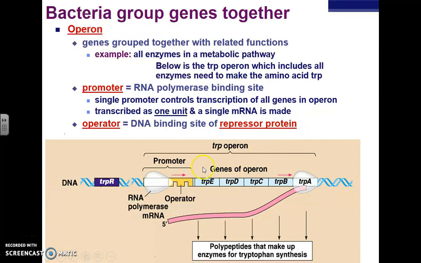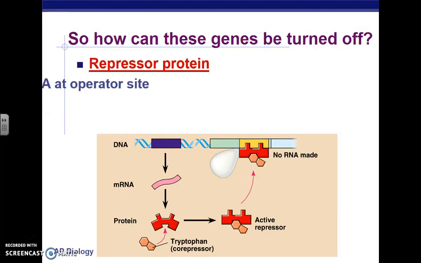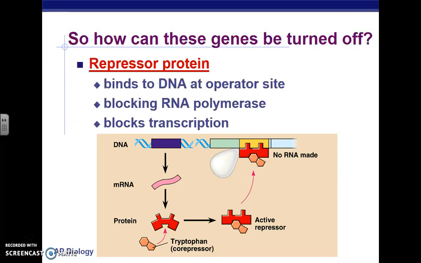Right now, this gene would be transcribed, because you have RNA polymerase here, and it can go along and turn this DNA into mRNA. So the question is, what can we do to stop these genes from being transcribed, or basically turn gene expression off? The answer is in the repressor protein. Right now here it's inactive.